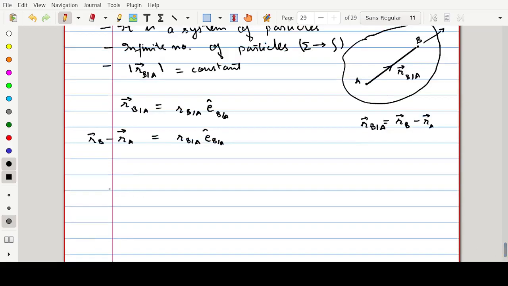Now if I take the derivative of both sides, then I will get VB minus VA, which is also written as the velocity of B with respect to A, is equal to the time derivative of RBA into EBA.